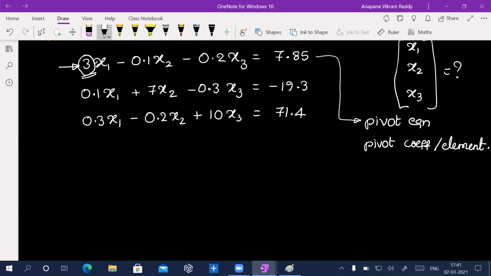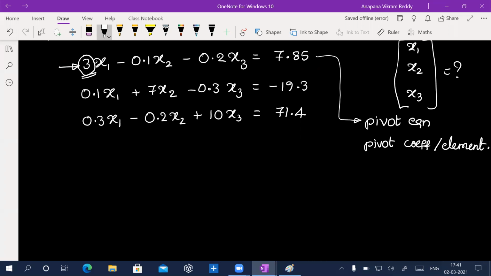Directly we are solving our problem using the naive Gauss elimination method. Naive indicates that you are not caring about the pivot element. If the pivot element is close to 0 or it is 0, then in both forward elimination and backward substitution you will have division by 0 kind of things.